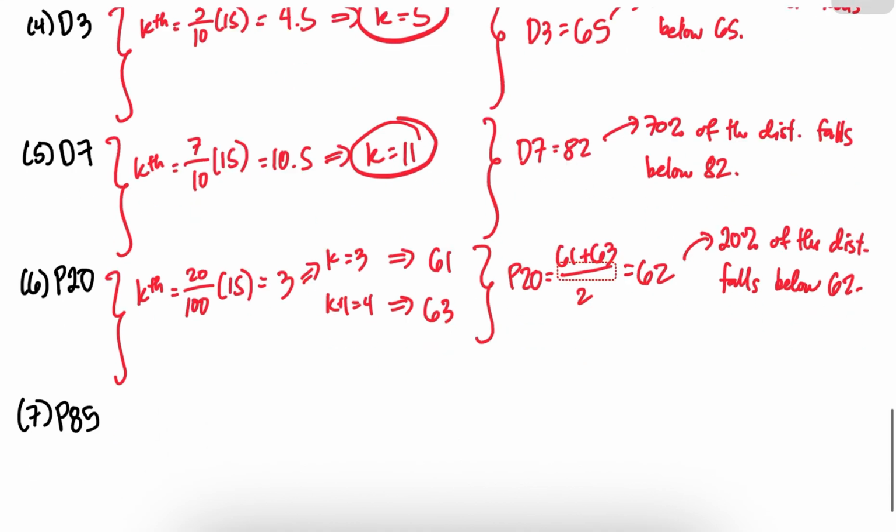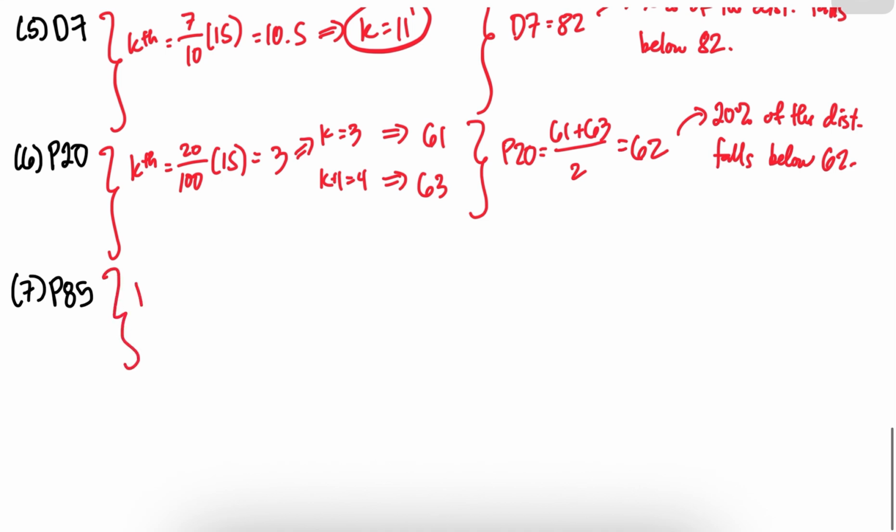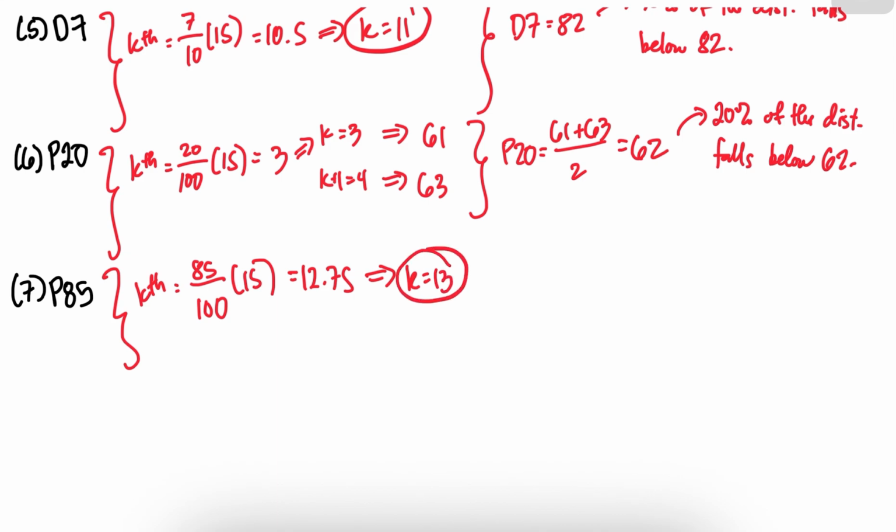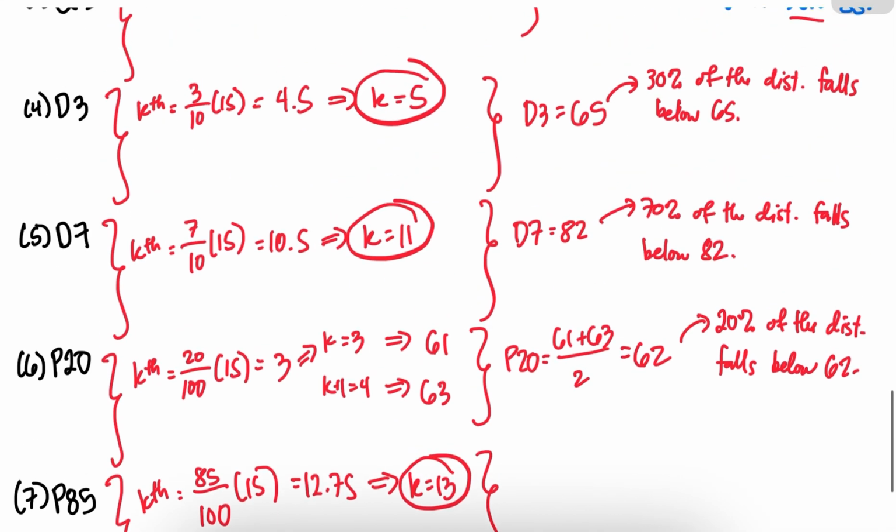And last, we have for the kth one, it's going to be 85 for the numerator because we're looking for P85, divided by 100 and multiply that by 15. So let's do the math. 85 divided by 100 times 15. The answer is 12.75. Applying rule number 2, our k is 13. Okay, so since it's 13, we're going to look at the data set.